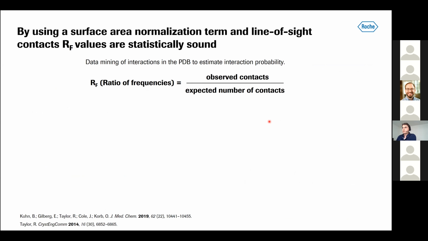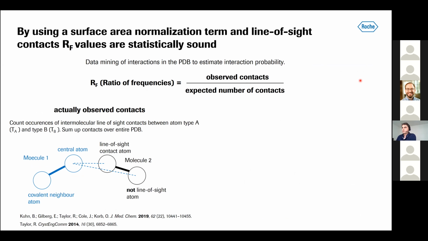To tell you a bit more in detail about what the ratio of frequencies is. As mentioned before, we have the observed contacts divided by the expected number of contacts. And the way we calculate the observed contacts is by only counting line of sight contacts that occur in our database. By line of sight, I mean contacts that are not intercepted by a third bystander atom.